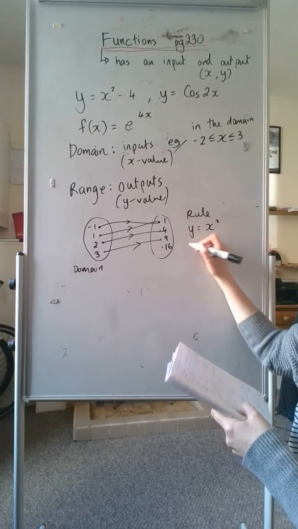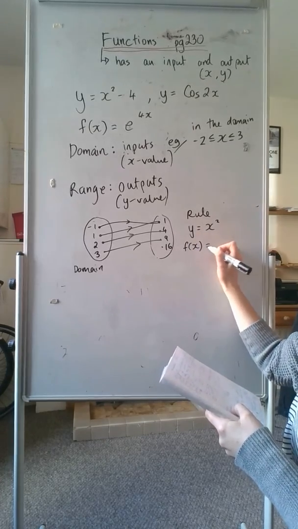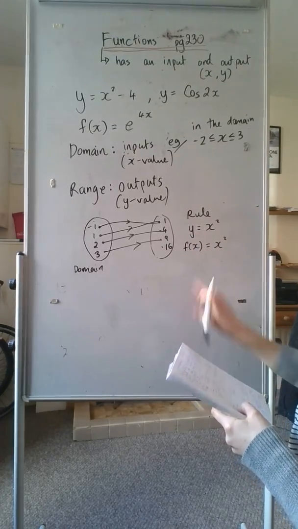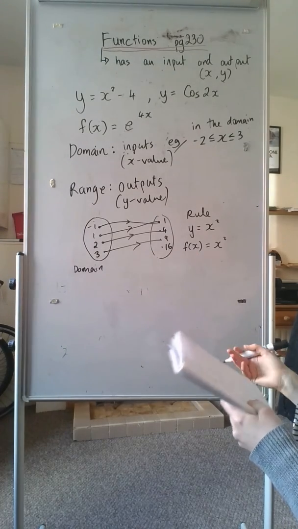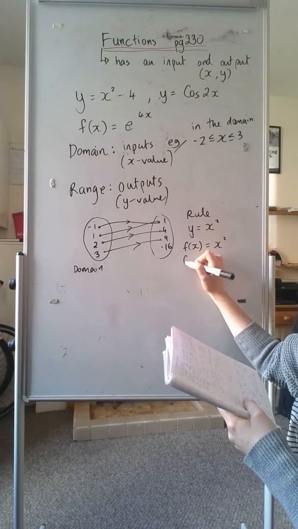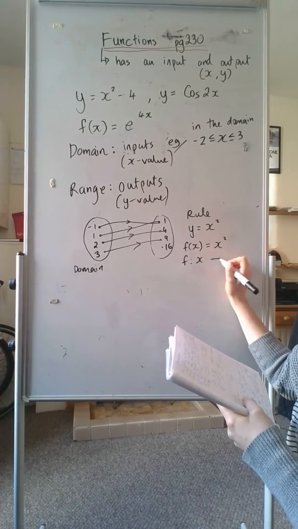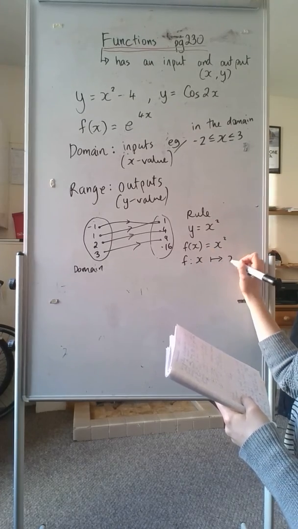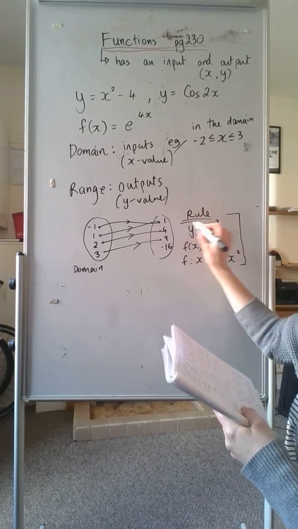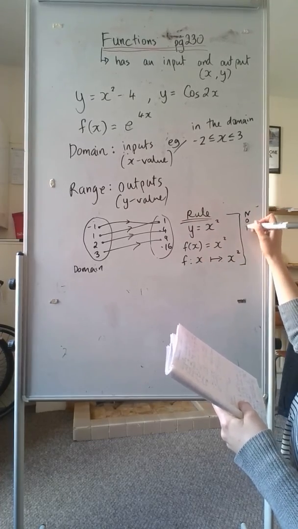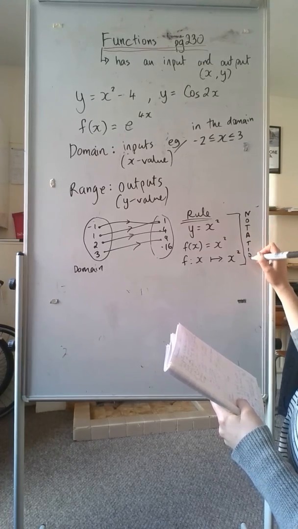Can also be written as f(x) equals x squared, and particularly in functions, they'll be using f(x) because sometimes you may have two functions and they'll call it f(x) and g(x). Or another way they sometimes write them is this, with an arrow. Okay, so these three all mean the same thing, just different notation.